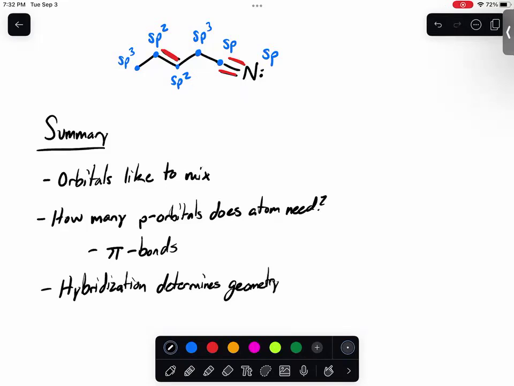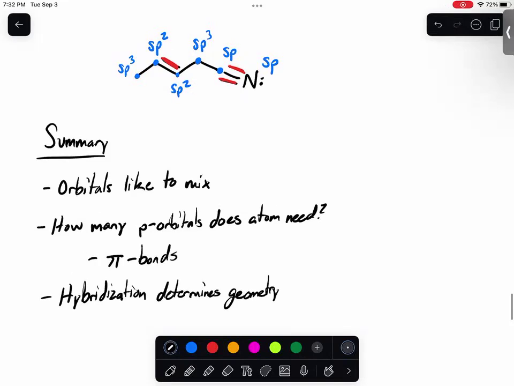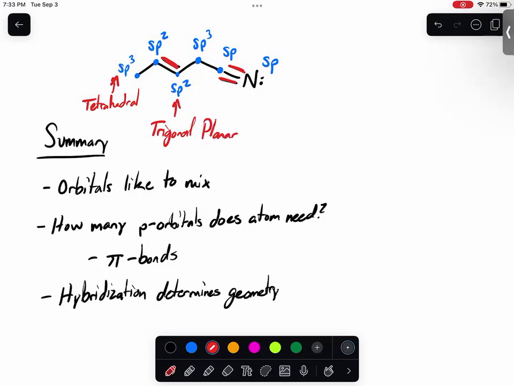So when we're looking back up at this structure here, every time we label something as sp3, we are essentially labeling it as tetrahedral. Every time we label something as sp2, we are labeling it also as trigonal planar. And every time we're labeling something as sp, we are labeling it as linear. And so that's the idea of hybridization.